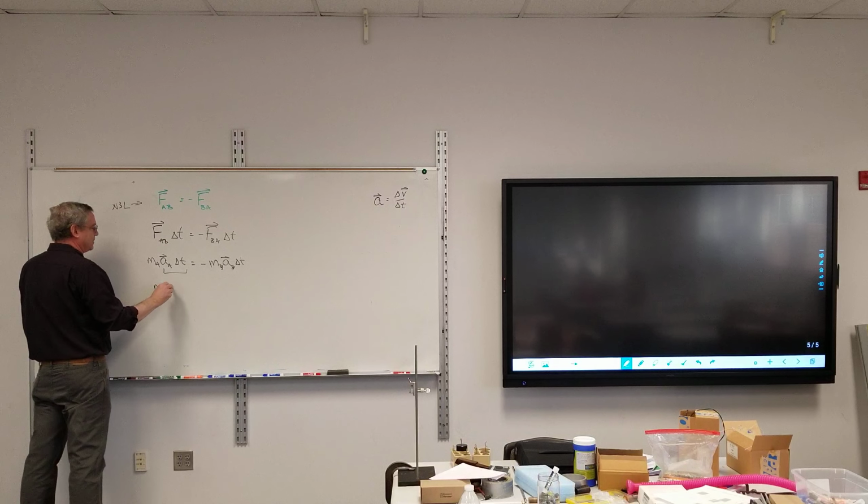So in an open system, momentum is not conserved because there's an external force. And so in that case, we end up with the force acting on an object times time being equal to the change in momentum.